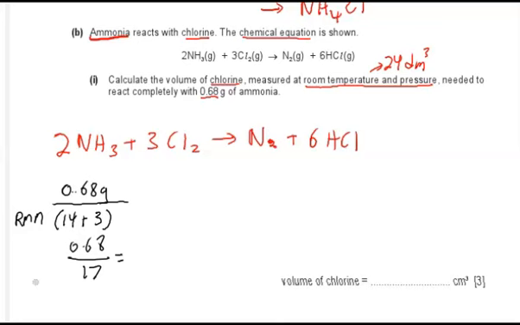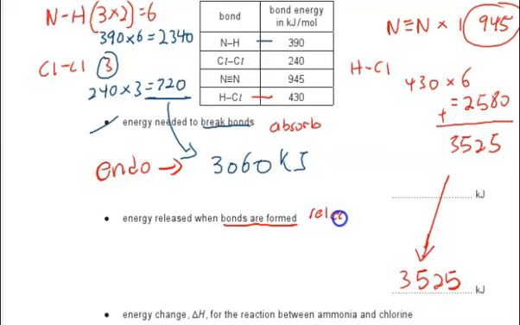Okay, now the energy change. We have to understand that to break the bonding you have to absorb the heat. This one is absorbing the heat, so this is considered as endothermic. Forming the bond, you have to release the heat, so this part is exothermic.